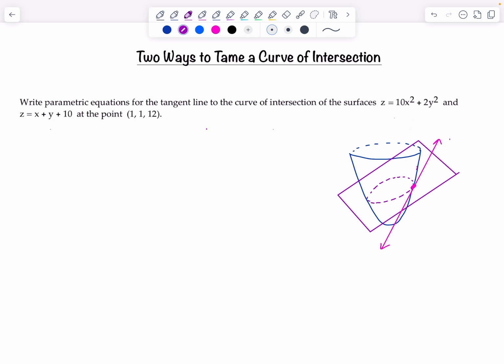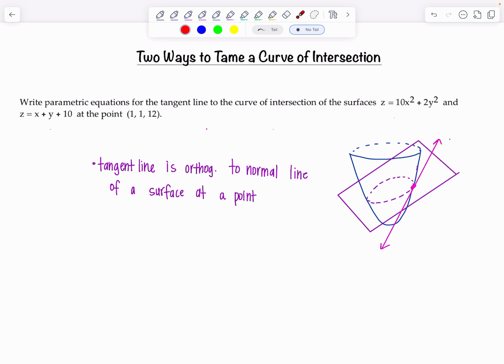So here's the clincher. This tangent line, we know, is orthogonal to the normal line of a surface at that point, right? This you should have studied when you were looking at gradients and tangent planes and normal lines at a point. So I know this tangent line is orthogonal to the normal line of the paraboloid and the plane at that point.